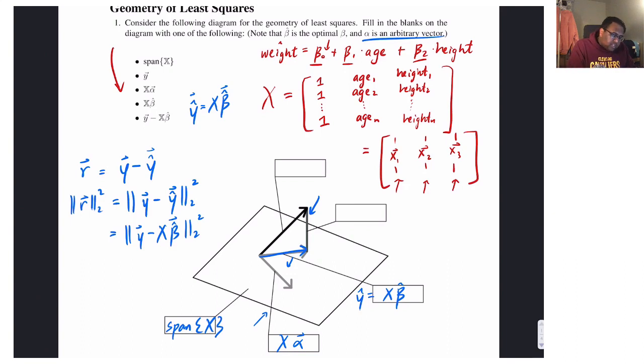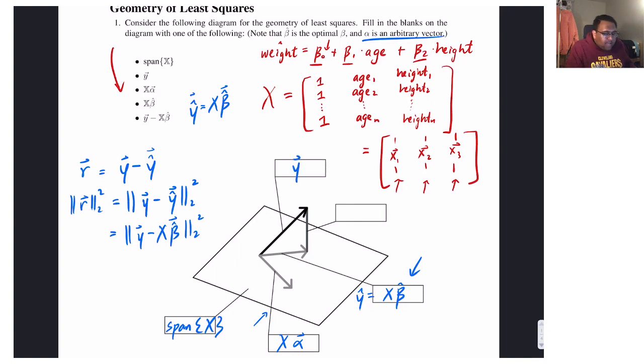If you move this vector really in any direction, it would increase the length of that vertical residual vector. And we want the length of that residual vector to be as short as possible. And so in order to do that, the residual vector needs to be orthogonal to the span of x. Okay, and so that was pretty quick, and we just covered all of these terms over here. But hopefully that explains why this box is x times beta hat.